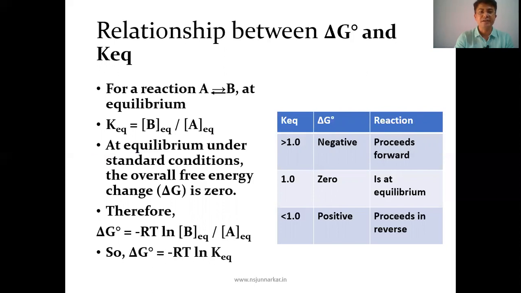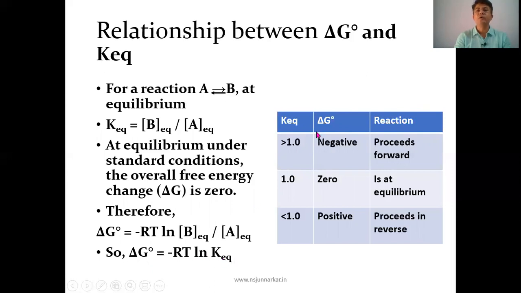Therefore, the standard free energy change is given as minus RT ln B upon A. So delta G0 is equal to minus RT ln K. From this equation, we can substitute K with KEQ, which is the equilibrium constant. So standard free energy change will be equal to minus RT ln KEQ.